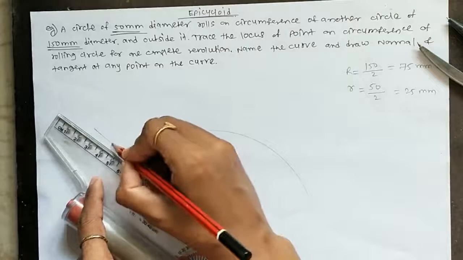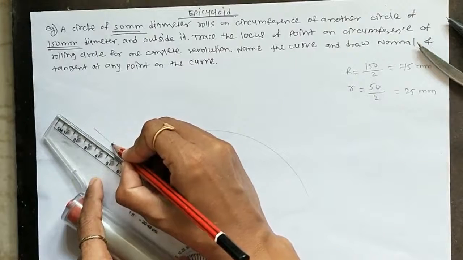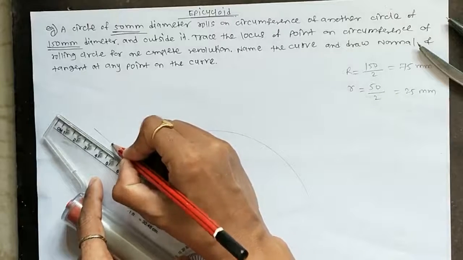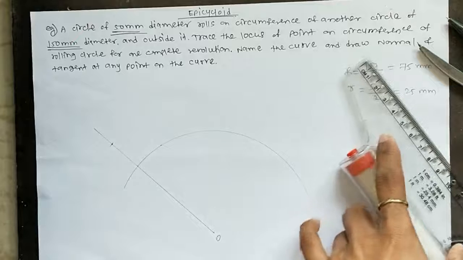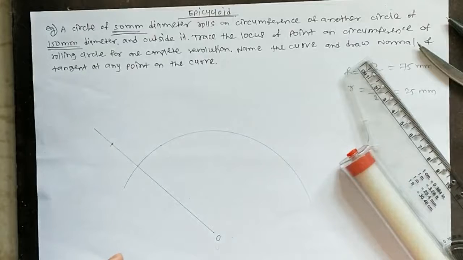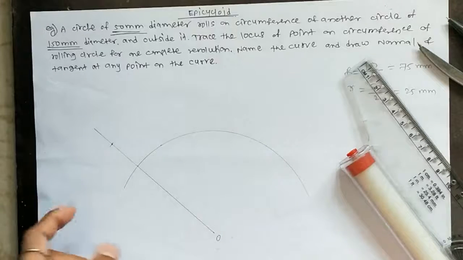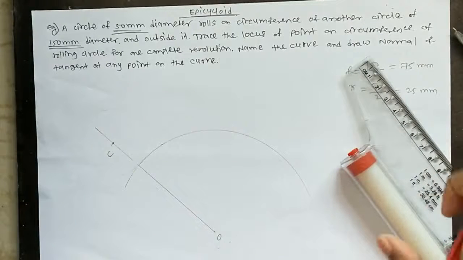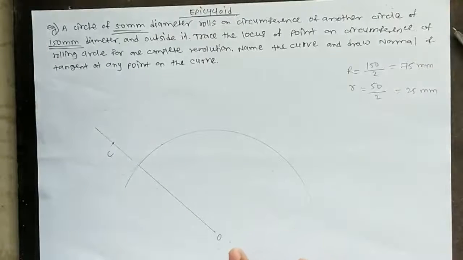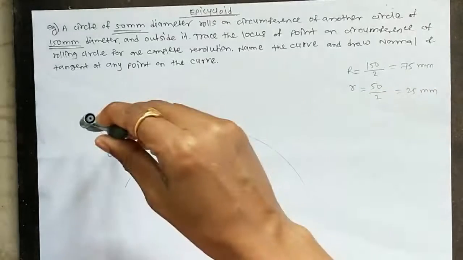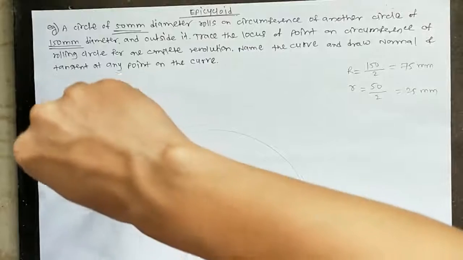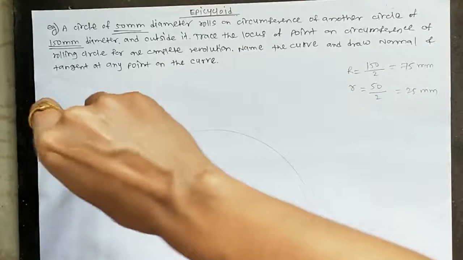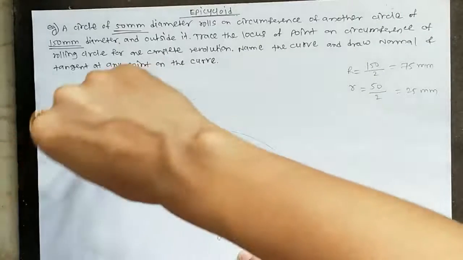From this you will get the 25 mm distance point, and give its name as point C. This is center point C, and by taking C as center point, draw a circle of 25 mm radius.